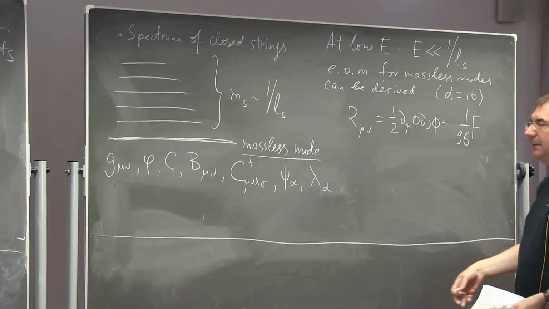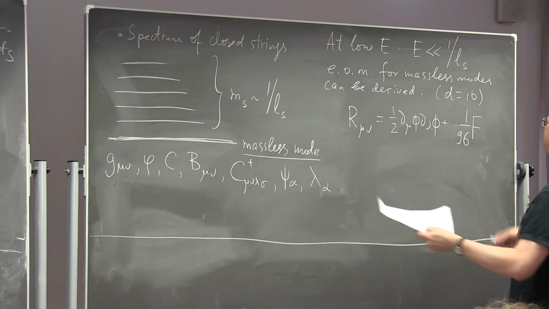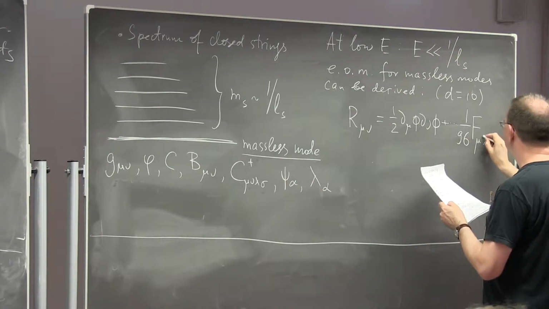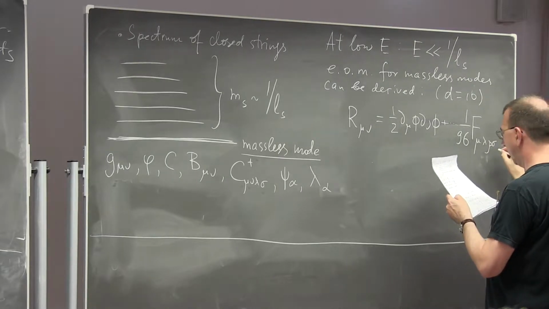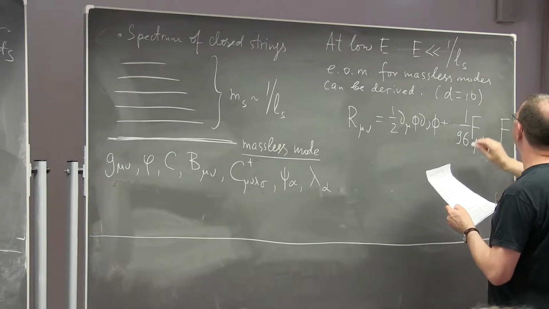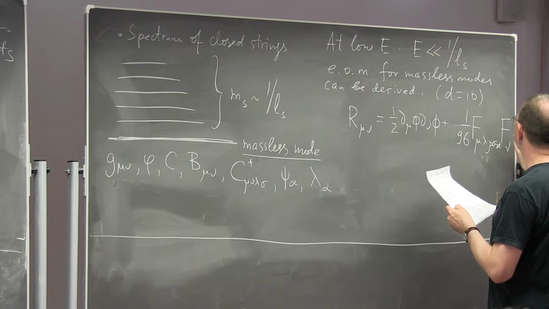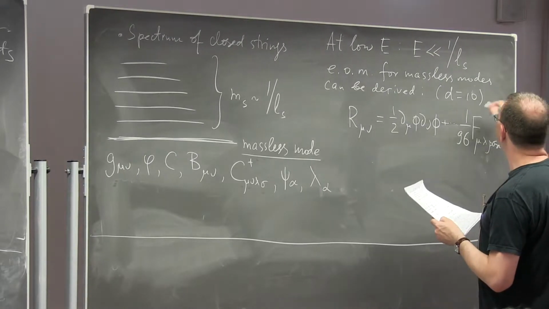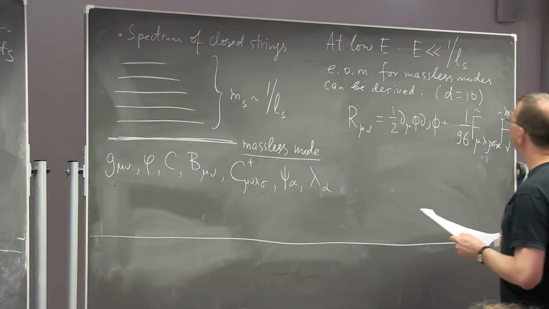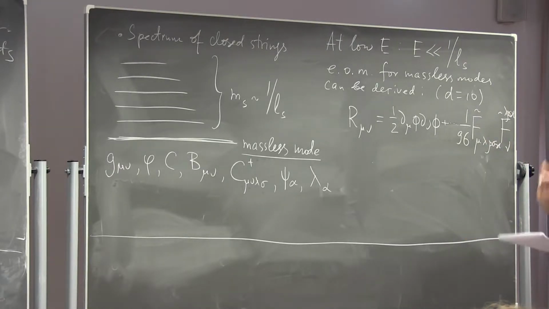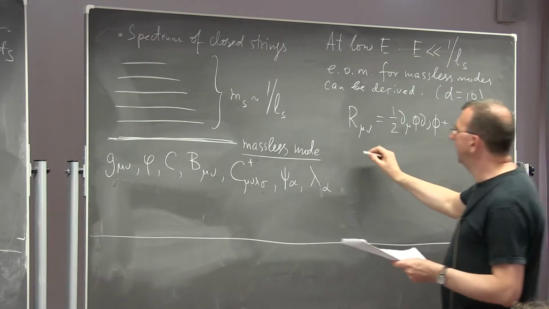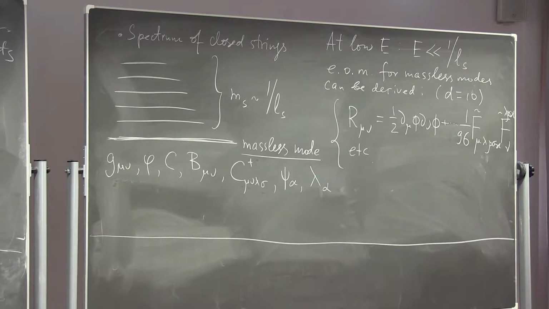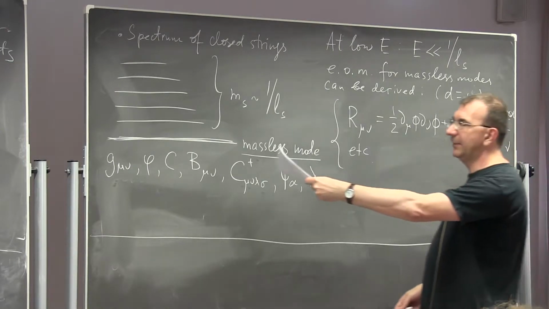So the field strength of this form will have 5 indices, and this is the famous F5, which I'm writing as F mu lambda rho sigma kappa times F nu lambda rho sigma kappa upstairs. And just to be completely pedantic, there is some redefinition of this field. And then there are other equations.